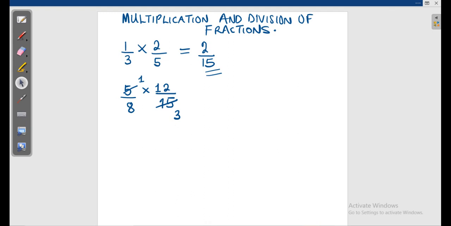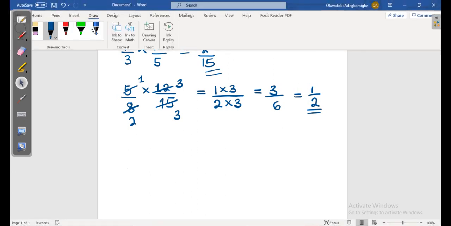Also, we can say 4 in 8, 2, 4 in 12, 3. That will give us 1 times 3 divided by 2 times 3. And 1 times 3 is 3. 2 times 3 is 6, which can as well be reduced to 1 over 2. This is how you multiply fractions.